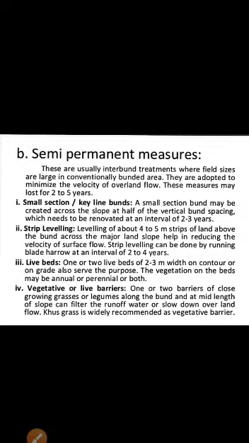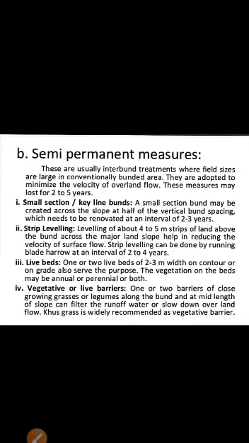Because to minimize the velocity of overland flow, they have adopted a large conventional bunded area. These measures may last for 2 to 5 years. So these are the four things which we have in semi-permanent measures.